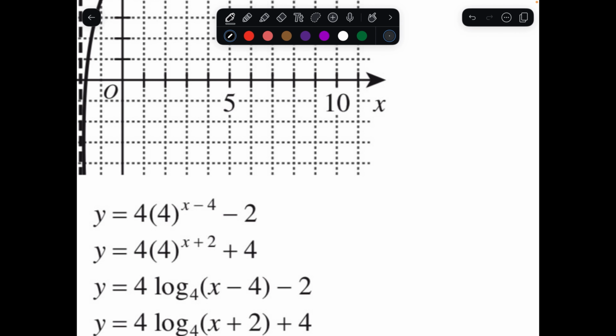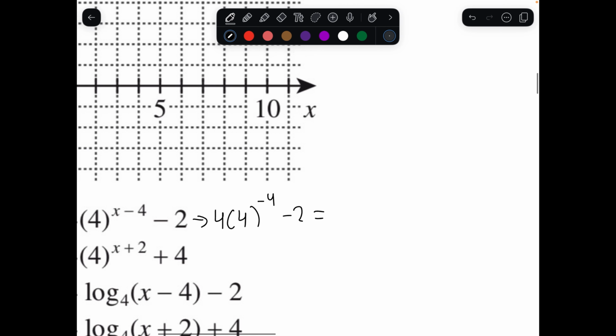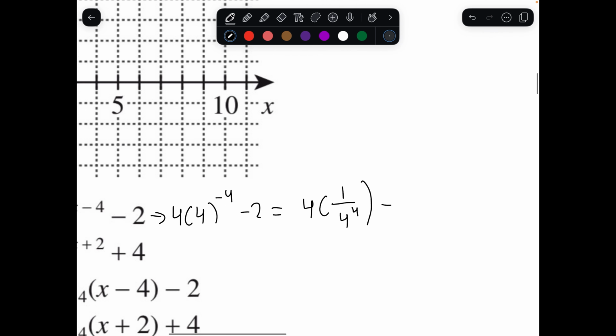So y equals 4 times (1/4) raised to the power of 0 minus 4, which is negative 4, minus 2. This is equal to 4 times 1 over 4 raised to the power of 4, right? Let's see, exponent property. Minus 2.